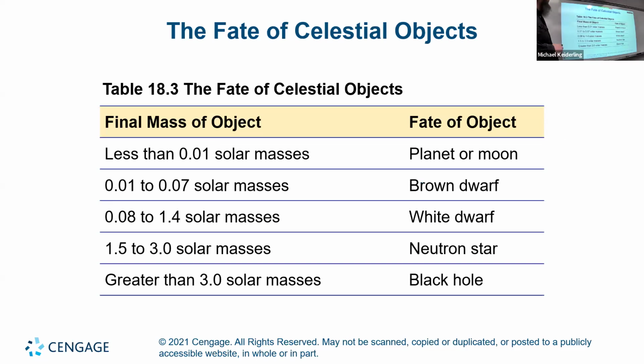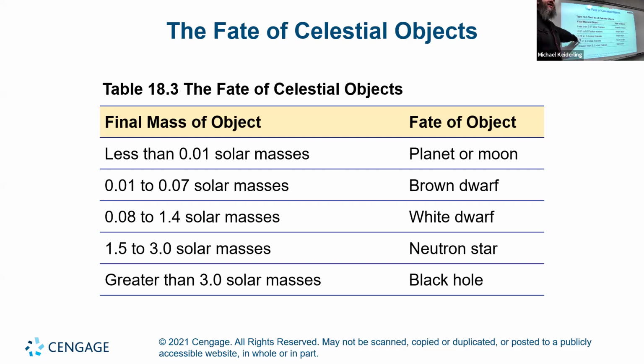So if the final mass left over is less than 0.01 solar masses, that's a planet or a moon. If it's 0.01 to 0.07 solar masses, that's a brown dwarf. If the remaining bit is 0.08 to 1.4 solar masses, that's a white dwarf. If it's about 1.5 to 3 solar masses, that's a neutron star. And if it's greater than 3 solar masses, that's a black hole.